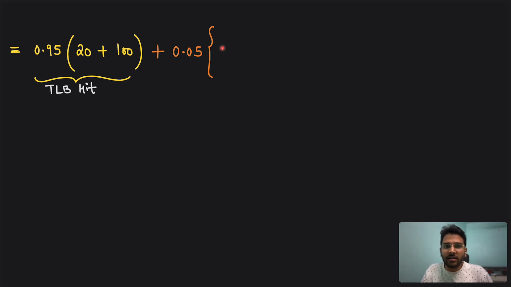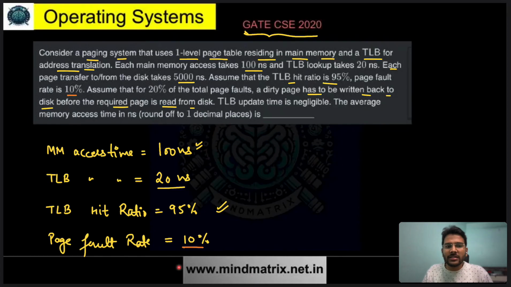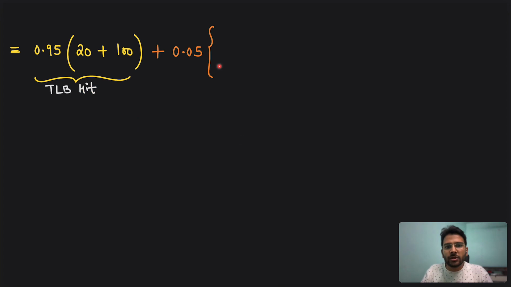If you get that in the page table, so if page fault rate is 10%, page hit rate in page table will be 90%. So can I say it is going to be 0.9? That means we got that particular page table entry from the page table, right? So if there is no page fault, 0.9, that means there is no page fault.